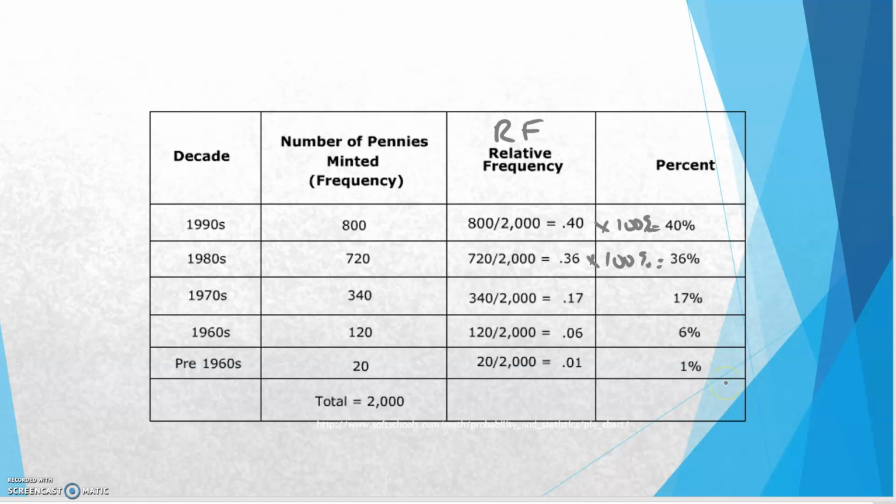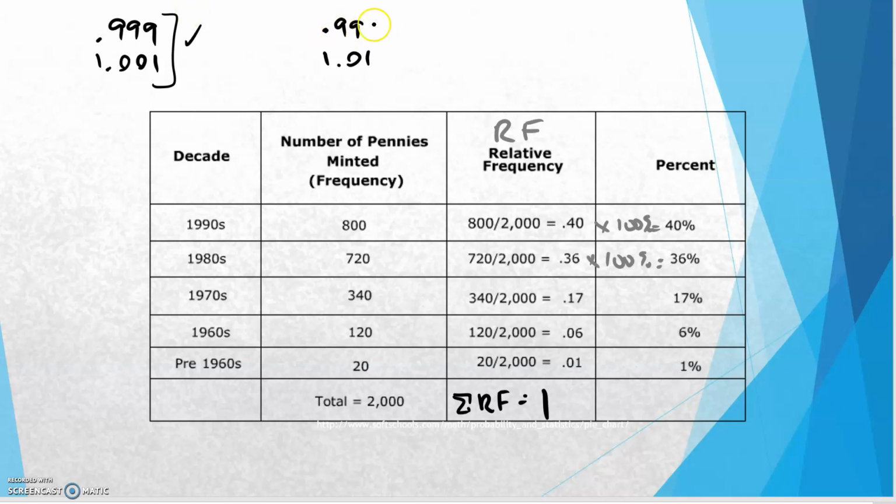Now, if I add up all of my relative frequencies, this is going to give me 1, or something close to 1. If I get a relative frequency total of 0.999 or 1.001, these are okay.